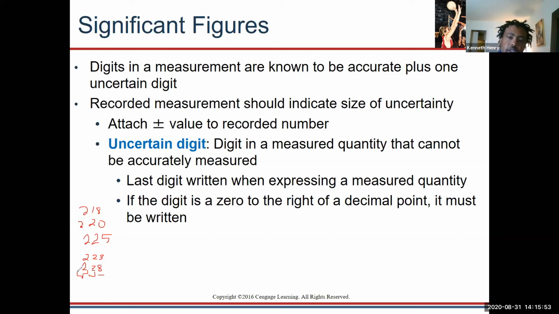And so how do you accommodate for that? There's 2 ways. One of the ways that we could accommodate is by making a plus or minus value. We could take the average of those numbers. So if we take the average of those numbers, what do you guys end up with? 222.8.